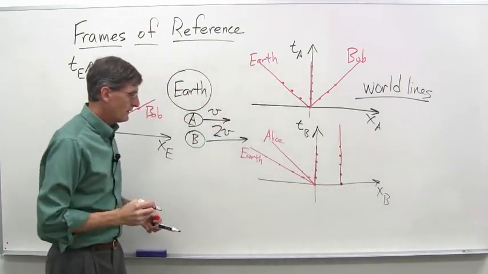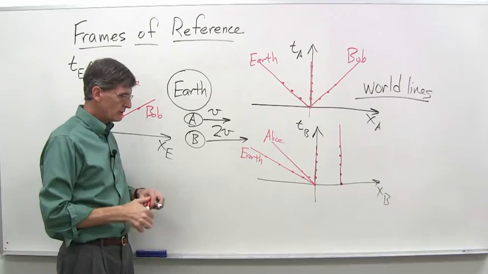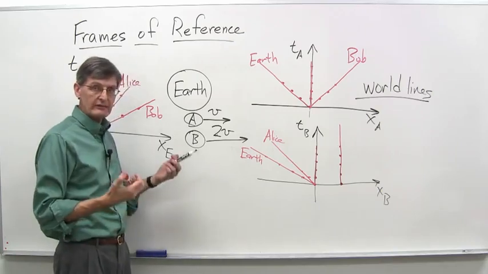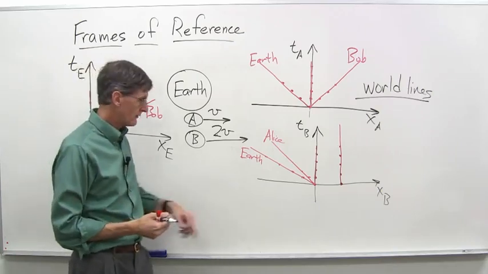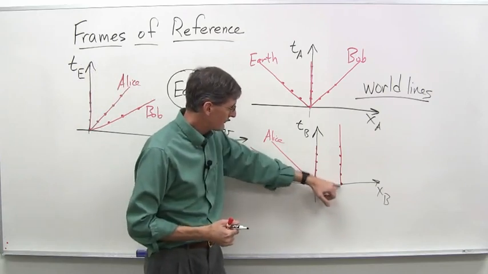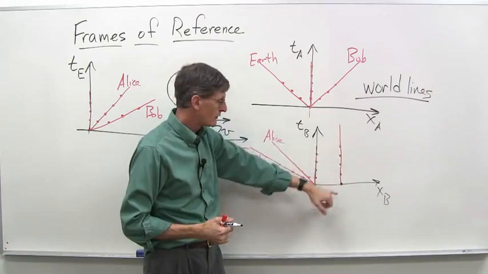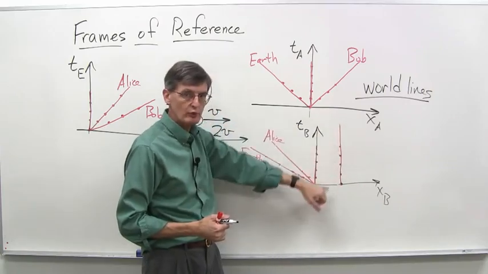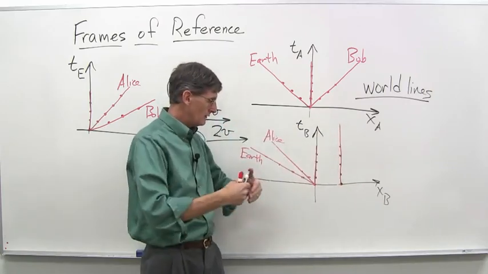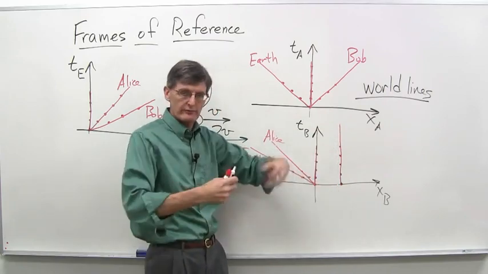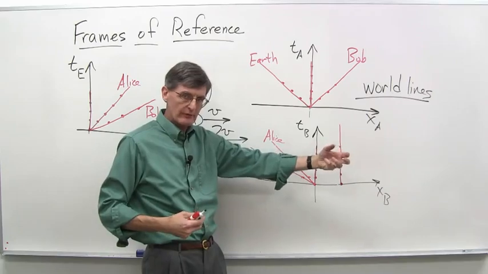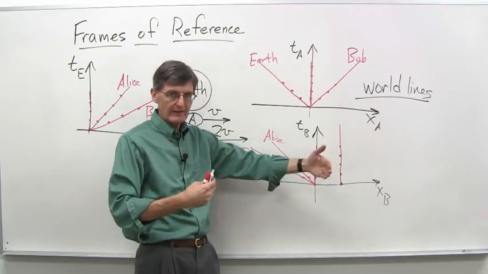like that, that is the world line of an object in Bob's frame of reference that does not move. Because look at this: at every given time, it's at the same position. So a vertical line represents something that is not moving. That might be the front tip of Bob's spaceship. As far as Bob is concerned, he's in the cockpit, and that's not moving from him.